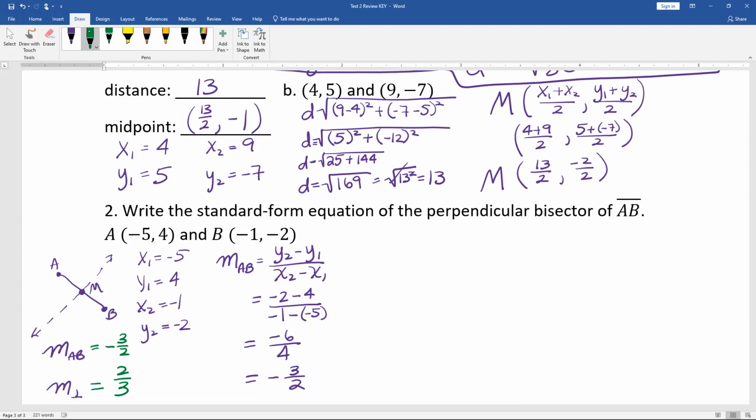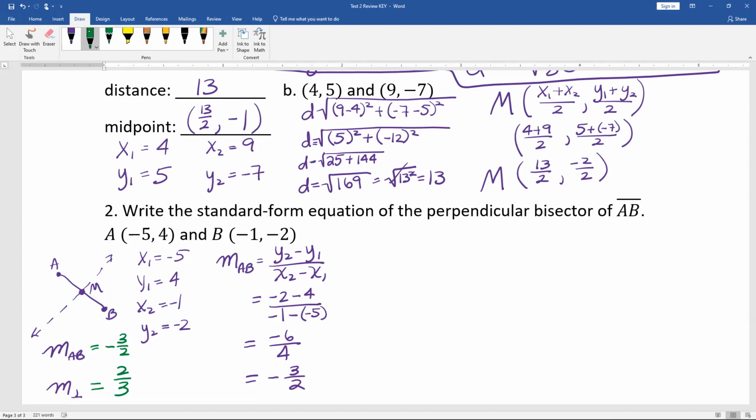Okay, so now we have the slope of our perpendicular bisector. Now we need to know the midpoint so that we can calculate the a, b, and c of standard form, or the y-intercept.